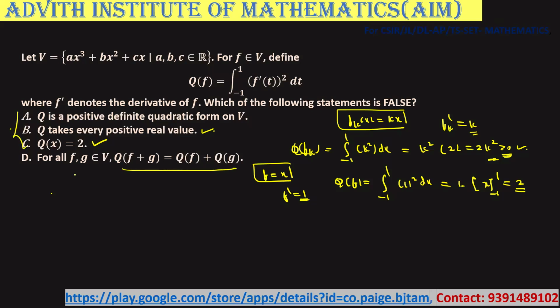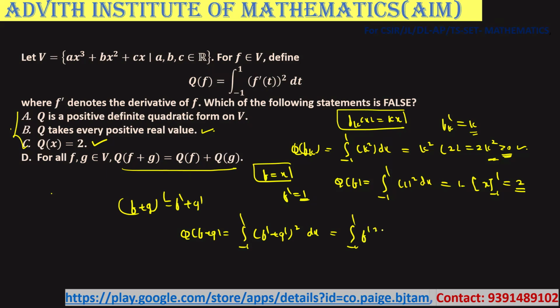This one: why is Q of f plus g equal to Q of f plus Q of g, sir? When f plus g whole dash, what does it become? f dash plus g dash, right? So therefore Q of f plus g is equal to integration of minus 1 to 1 of f dash plus g dash whole square dx, which is equal to minus 1 to 1 of f dash square plus g dash square plus 2 into f dash g dash into dx.